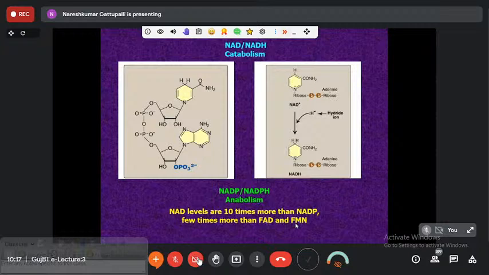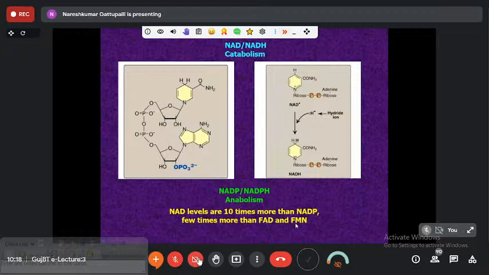In addition to NAD, there are other cofactors involved in oxidation reduction reactions, FAD and FMN, but NAD is much more important than the other cofactors.